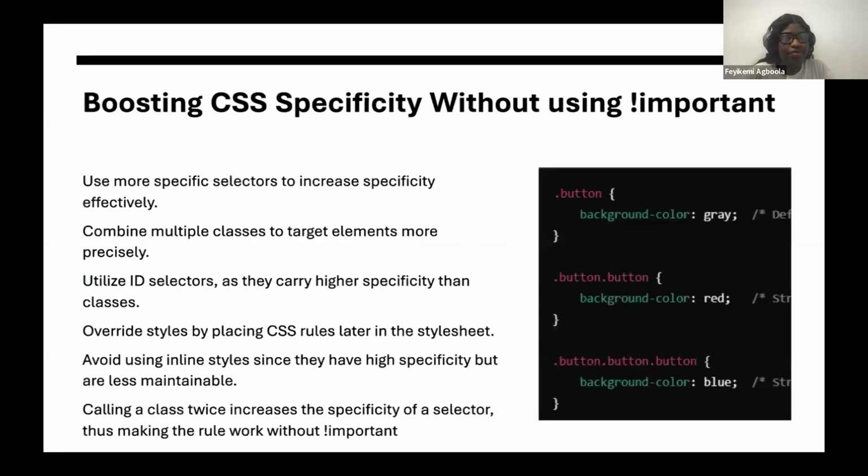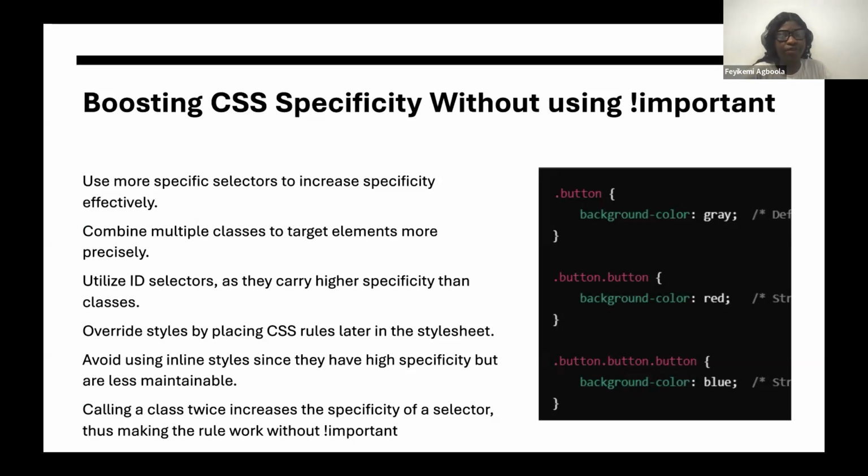Moving forward, I have how to boost CSS specificity without using !important. So use more specific selectors to increase specificity effectively. I can combine classes, so calling a class twice increases the specificity of a selector. So instead of working with !important, you can actually add two classes.